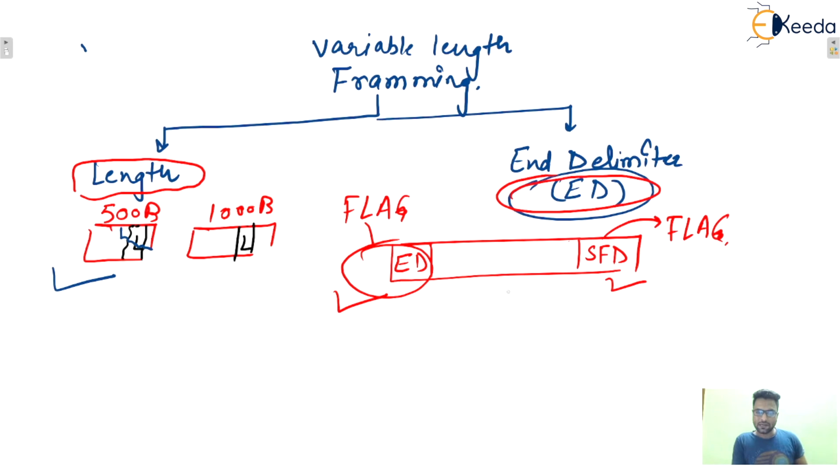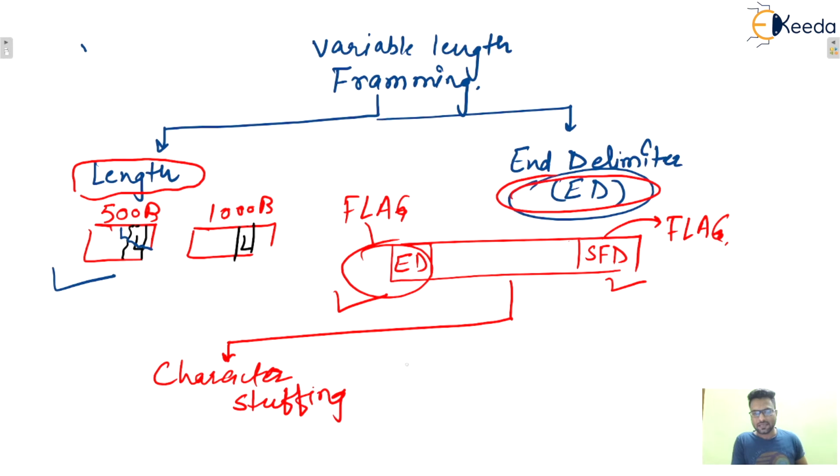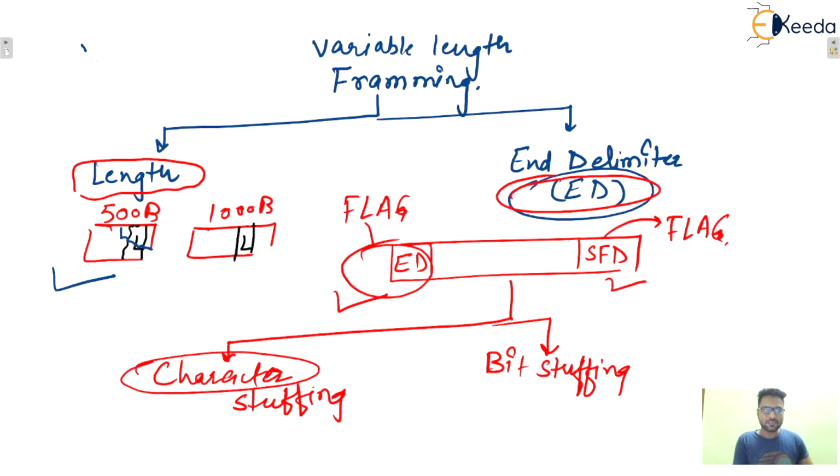So while using the ending delimiter, there are two techniques. These are important from the GATE point of view. First one is character stuffing, and second one is bit stuffing. Every character requires 1 byte to represent, so sometimes this technique is also known as byte stuffing.